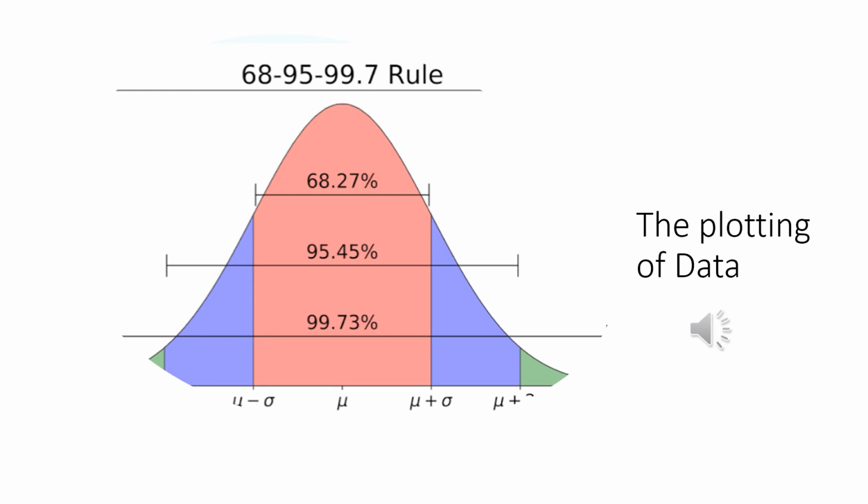The 68, 95, 99 rule is based on the mean and the standard deviation. You can see there 68% of the population tends to be within one standard deviation of the mean. 95% of the population is within two standard deviations of the mean. And 99.73% of the population tends to be within three standard deviations of the mean.